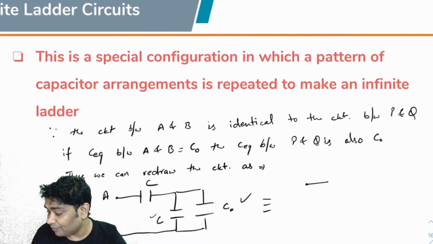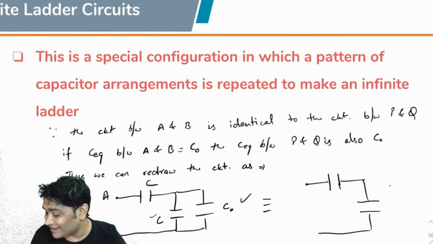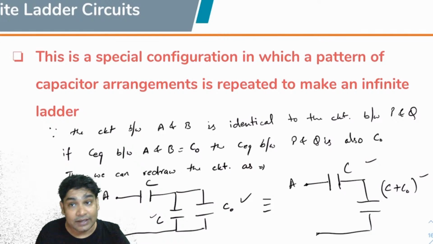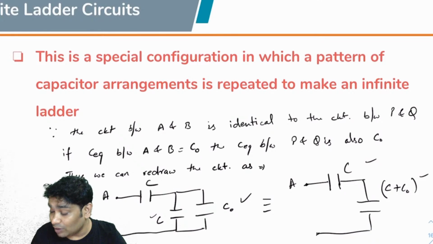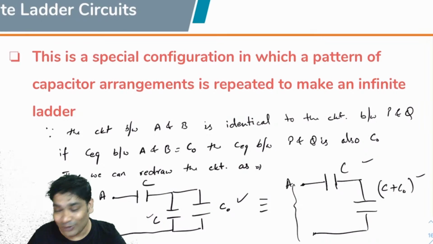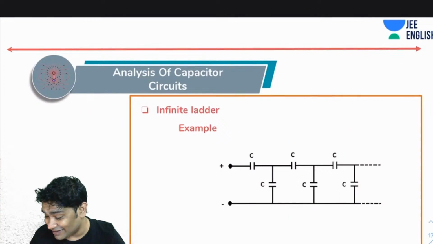The equivalent would be C, and then I have a single capacitor, which is C plus C naught, and then I have B. Alright, next, since these two are in series, their equivalent would be equal to the equivalent between these, which is again C naught.